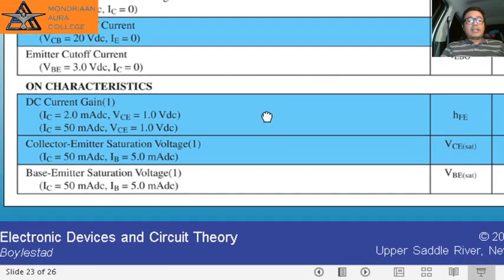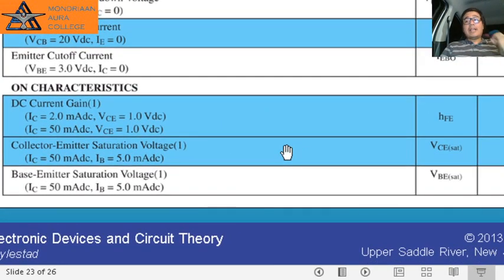Okay? Next, collector emitter saturation voltage, VCE SAT. Remember, kapag nagsasaturate yung ating transistor, ito na yung pinakamataas na kuryente, pero ito yung pinakamababang voltahe. Theoretically, VCE is 0 if nakasaturate or naka-on ang ating transistor. Tignan natin actual value.